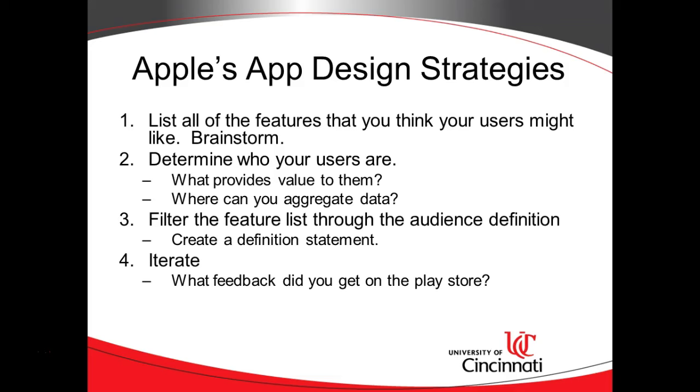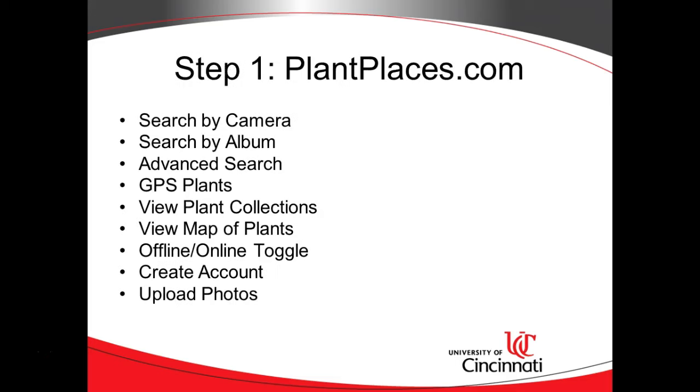This four-step strategy plays very well with Scrum. If you've done anything with Scrum development in the past, the idea is that we make a working piece of software and then we iterate and we make a marginal improvement to that working piece of software every time we iterate.